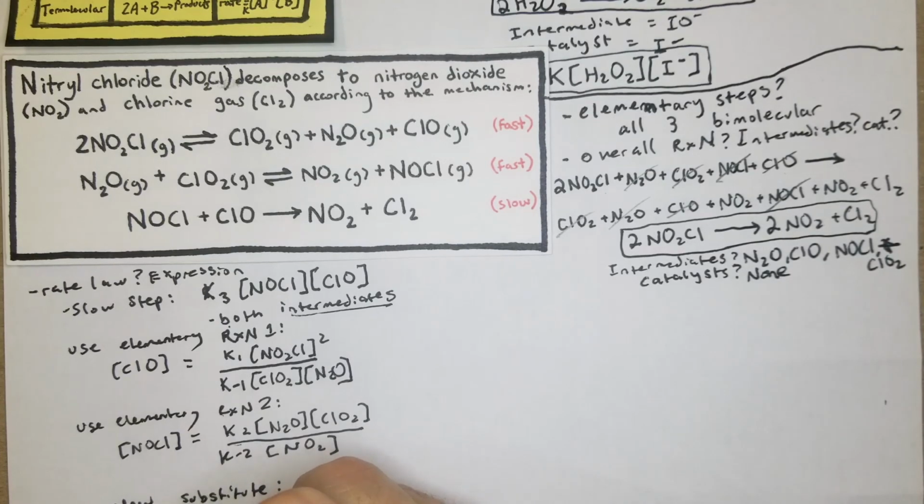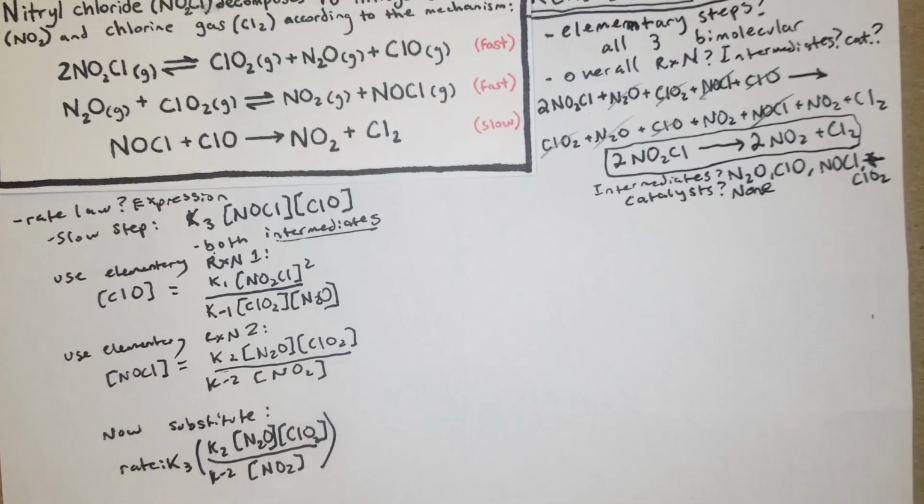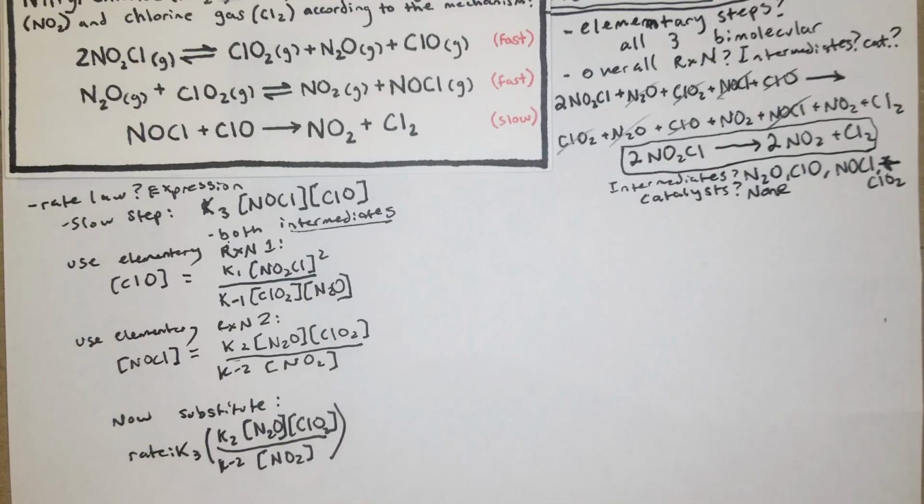So our K3 is going to get pretty long here. K2 is N2O, ClO2, all over K minus 2, NO2. Now it's this whole thing. Oops, sorry, I didn't even realize it was off. There we go. It's going to be this whole thing.